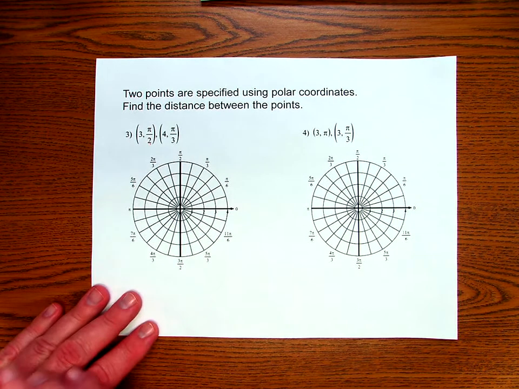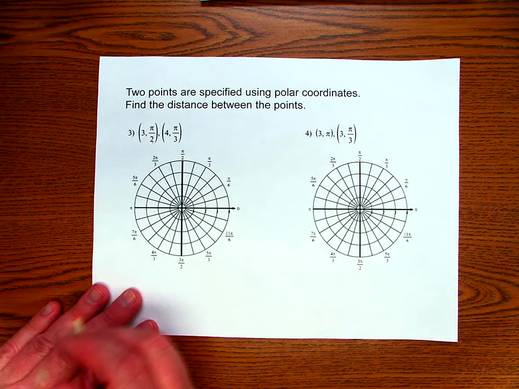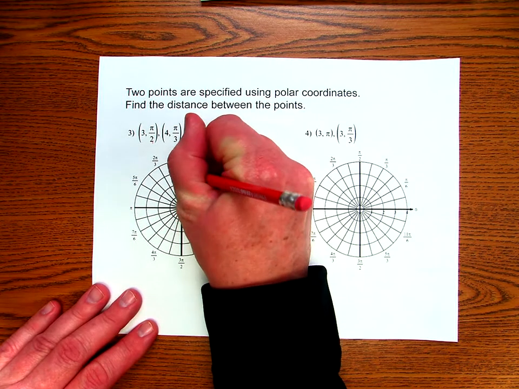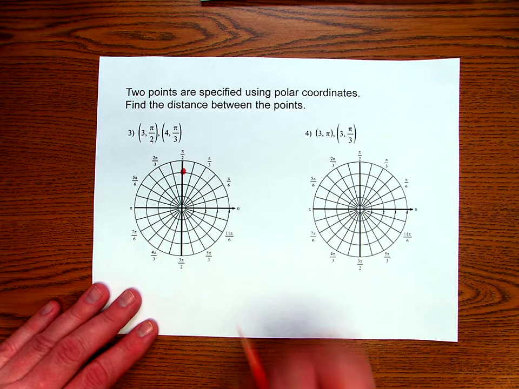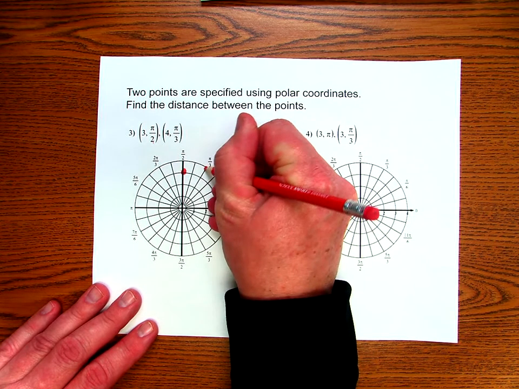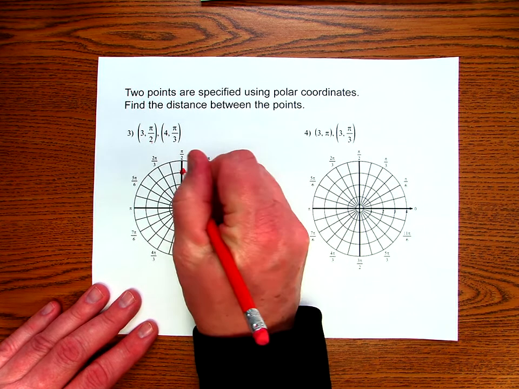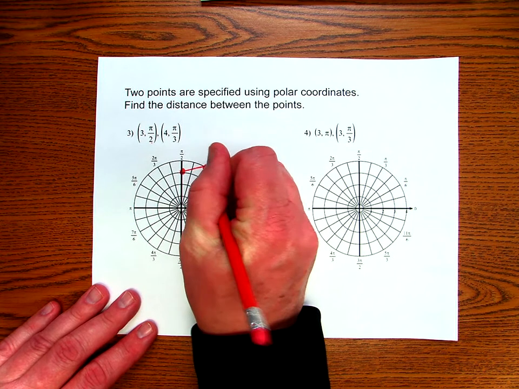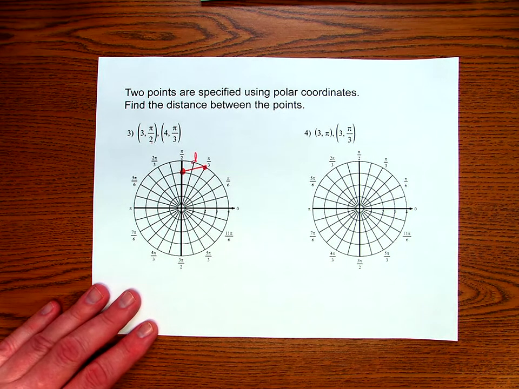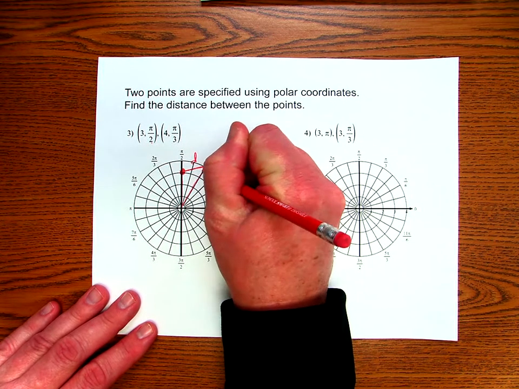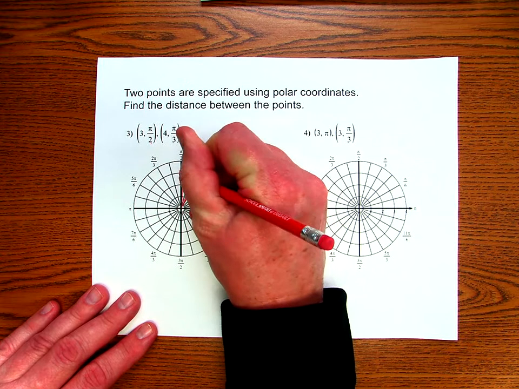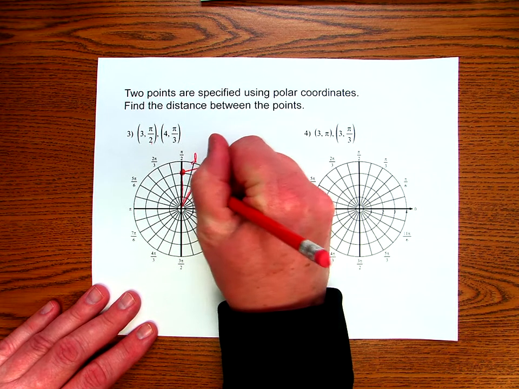And so here we have 3, pi over 2. So that's right here. We have 4, pi over 3. That's right here. And that's the distance we're looking for right there. So what we're going to do is go this way and this way. That's 4.